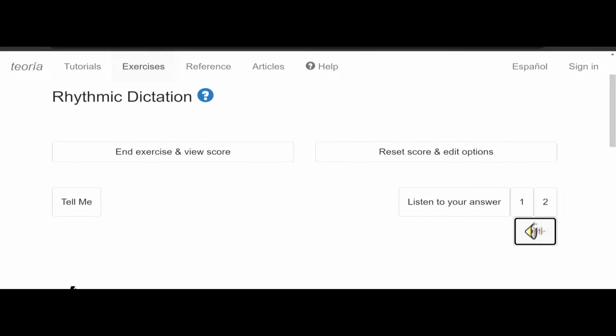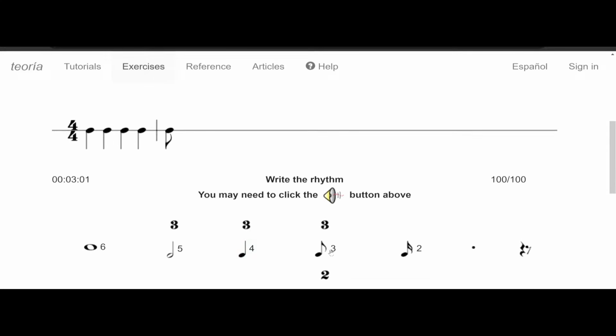So you heard after bum, bum, short, long, long, short, short, short, short, short, short. That's what I heard. 1 and 2 and 3 and 4. Let's see if that's right.